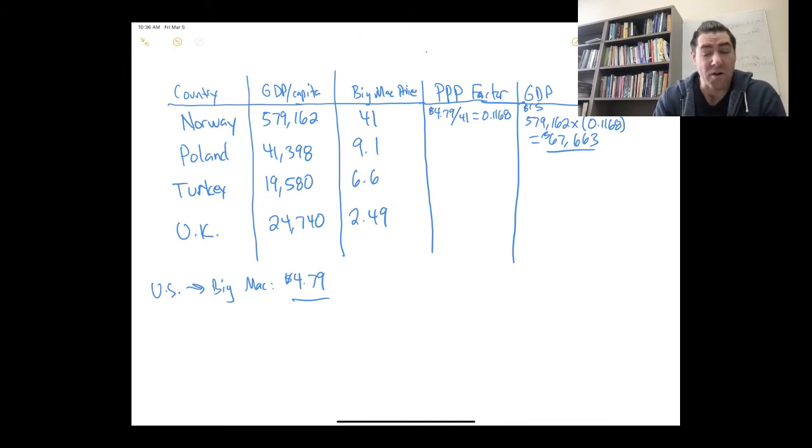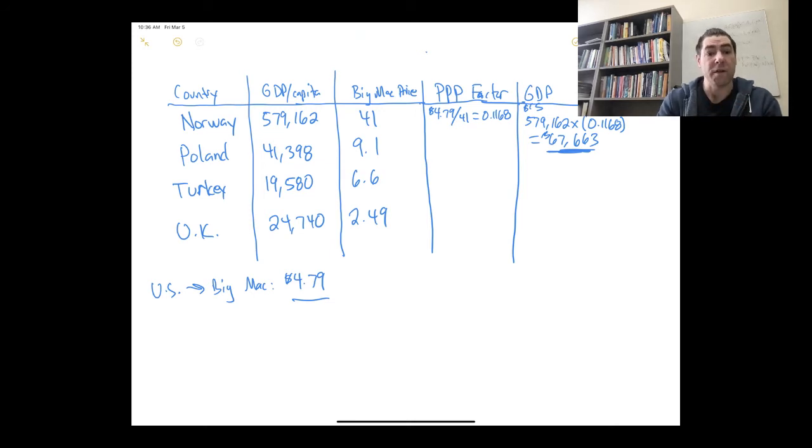So a Big Mac costs 41 krone. But when I compare that relative to the dollar, they still do pretty well in Norway. So the average person there makes about 68,000 US dollars, which is pretty good. Their 580,000 krone is equivalent to about 68,000 US dollars.